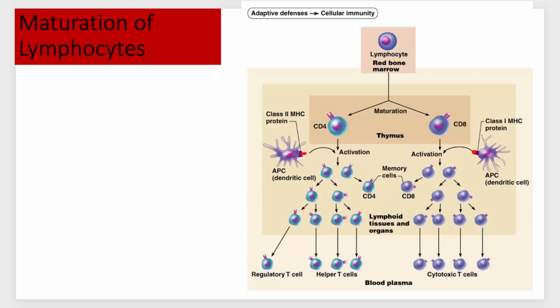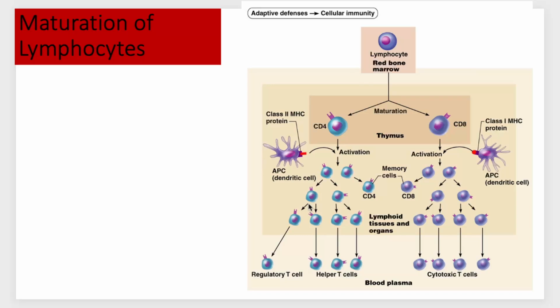When these lymphocytes are made in the red bone marrow, if they become a T cell, they will mature in the thymus. That's what they're showing you here in the middle, maturing in the thymus. They could be helper cells or cytotoxic T cells. To be activated, an antigen-presenting cell will present the antigen to them, which activates them, and they could form memory cells from that. This is in the lymphoid tissue in different organs of our body.